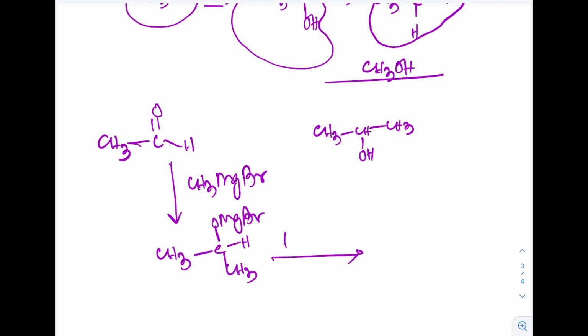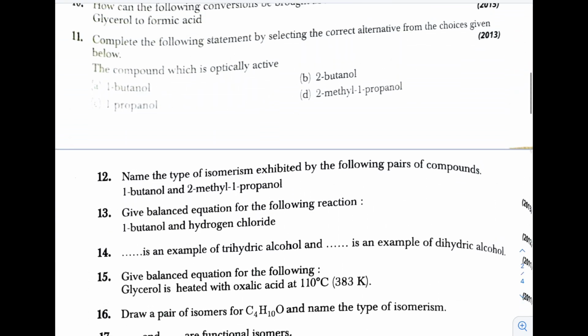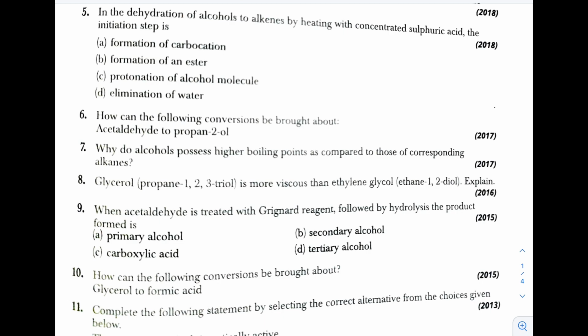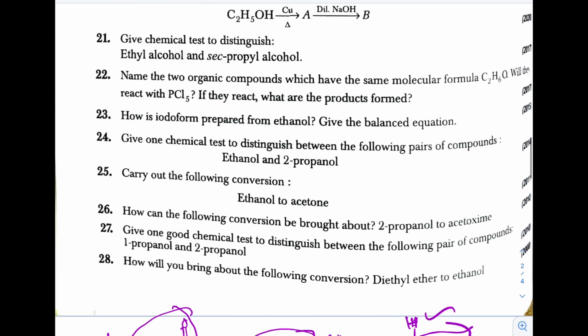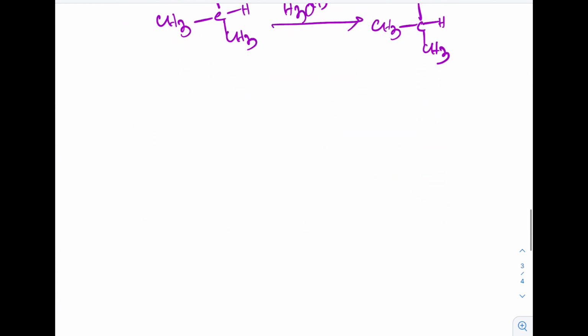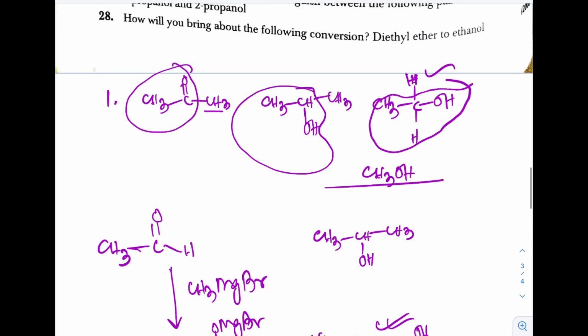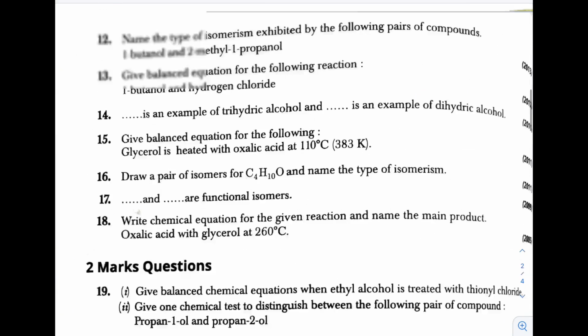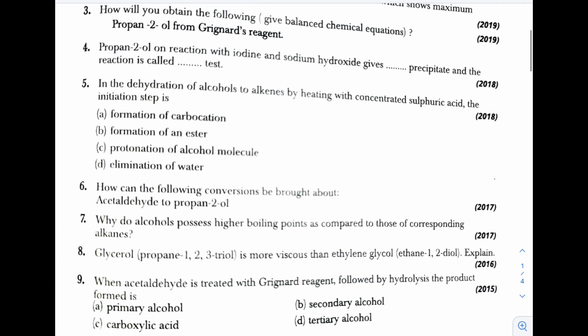Then acidic hydrolysis will be done to produce the corresponding 2-degree alcohol. So this is the method. This was question 6. Next, we'll move to question 7.